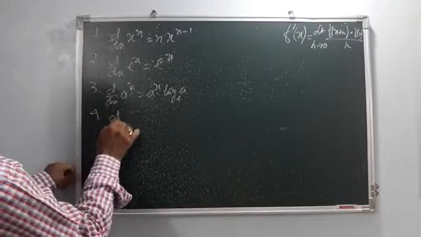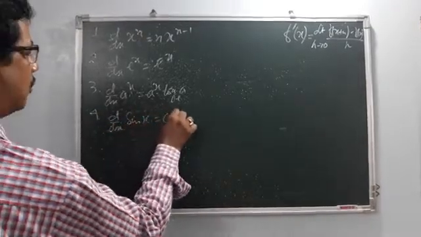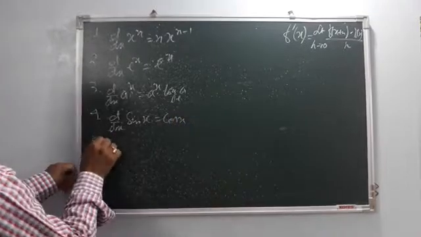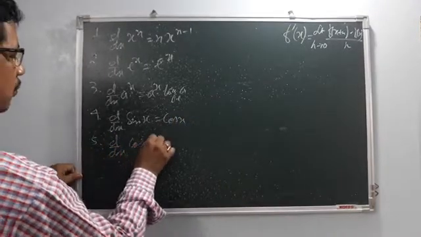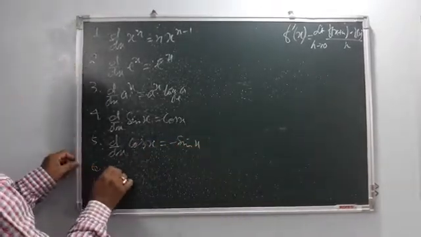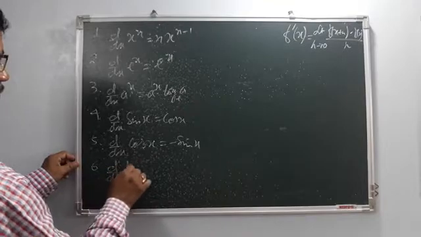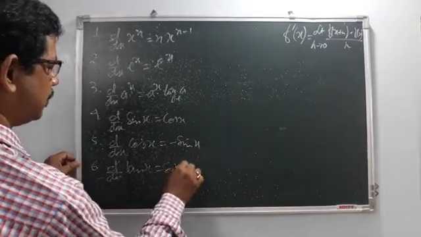Then d/dx of sin x is what? Cos x. Then d/dx of cos x is minus sin x. d/dx of tan x is what? Sec square x.